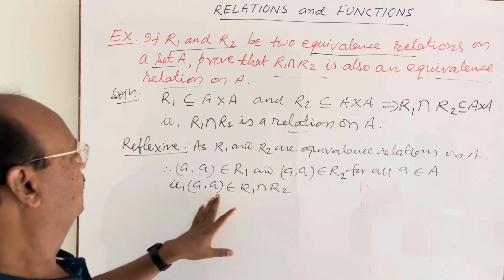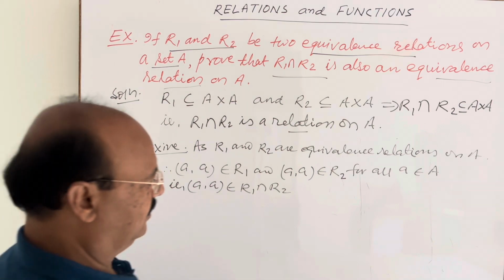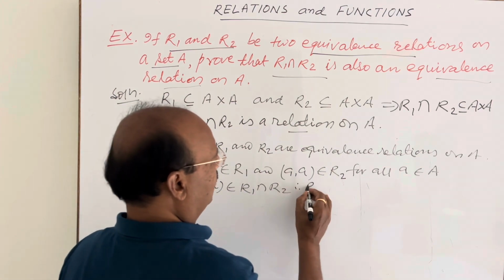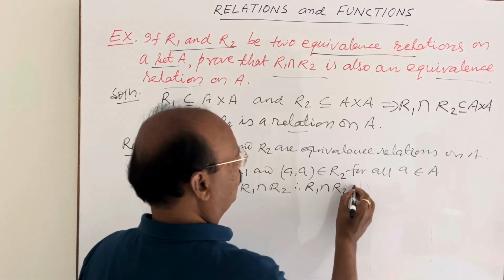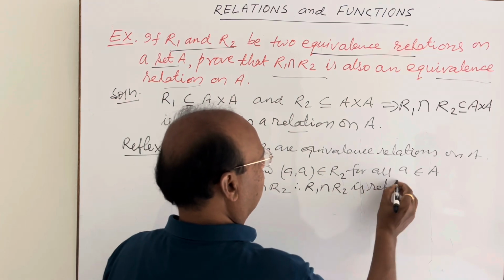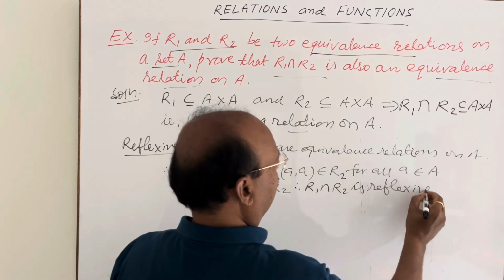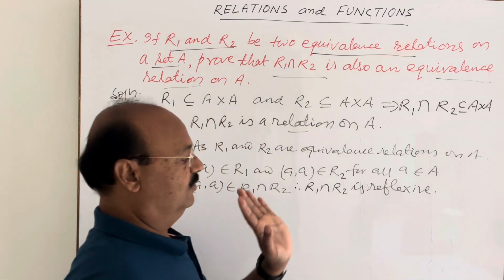It means this relation is reflexive. Therefore, relation R1 intersection R2 is reflexive. This part has been proved.